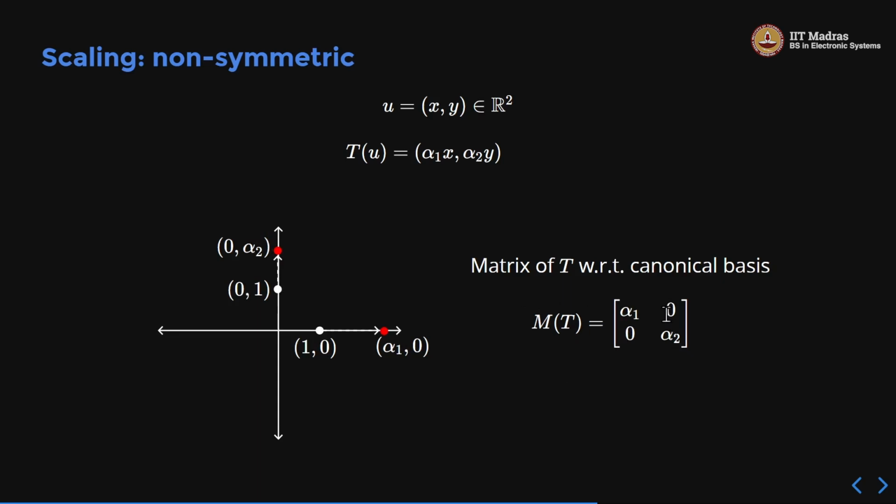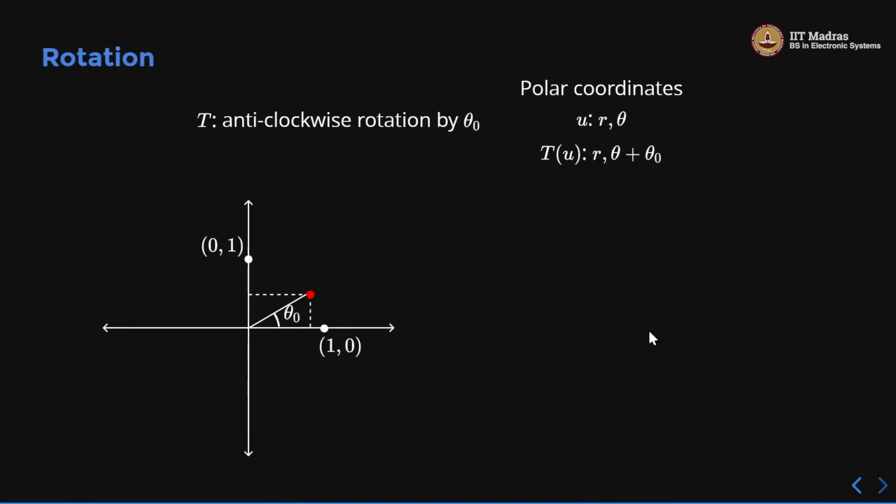So you get (0, alpha 2) in this way. I hope this is easy enough, right? Even if you have non-symmetric scaling, alpha 1, alpha 2, the matrix is easy to figure out. In both of these, you see, a non-zero value comes only in the diagonal of this matrix, and the non-diagonal is 0. Okay, easy enough.